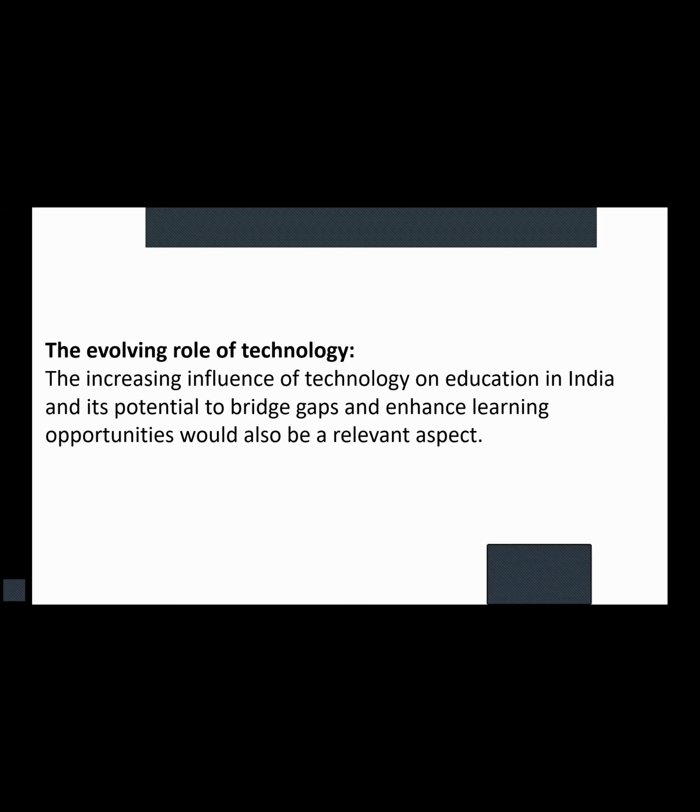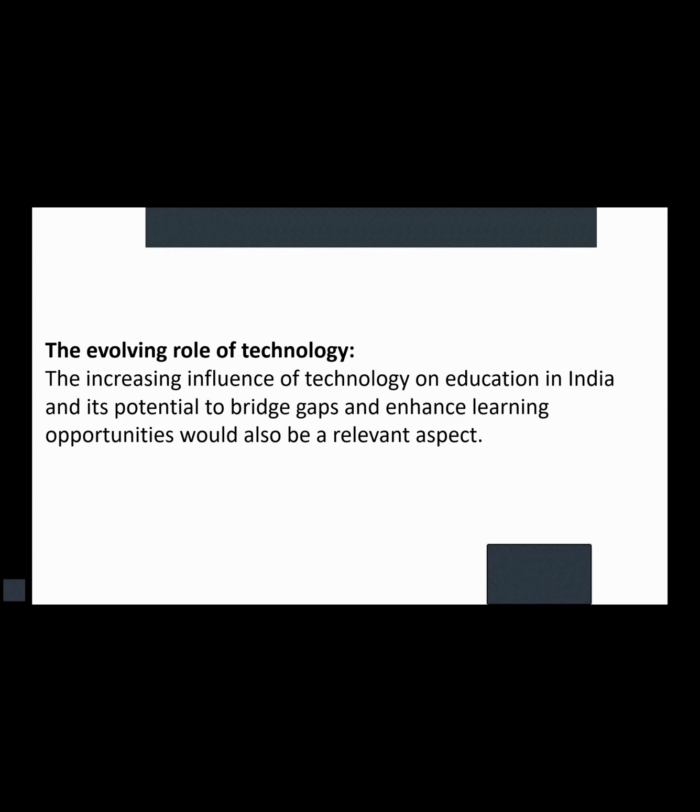Okay, the evolving role of technology: the increasing influence of technology on education in India, and its potential to bridge gaps and enhance learning opportunities would also be a relevant aspect.